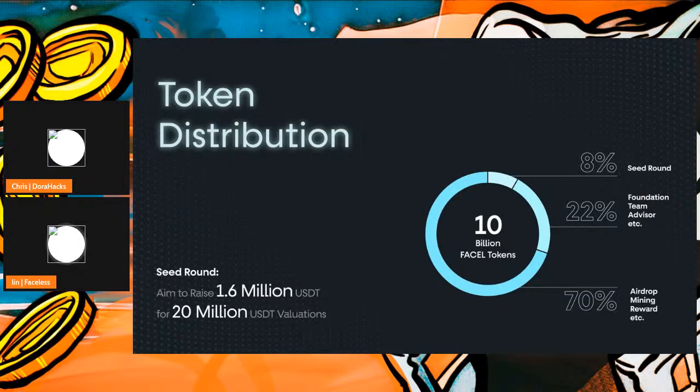In distribution, we're going to set aside 8% of the total token for the community. Anyone who participates in the voting of Dora Grant DAO will be able to receive a certain amount of Faceless token in the future, and the concrete mechanism will be announced on our Twitter later.